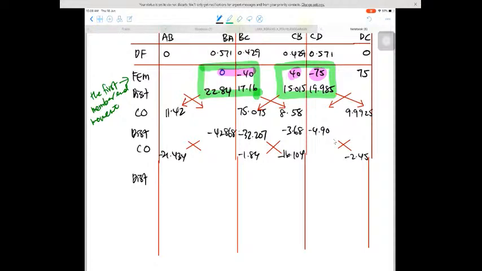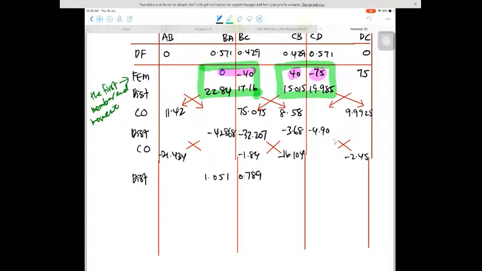So now it is 1.84 times 0.571, it is 1.051. And 1.84 times 0.429, it is 0.789.